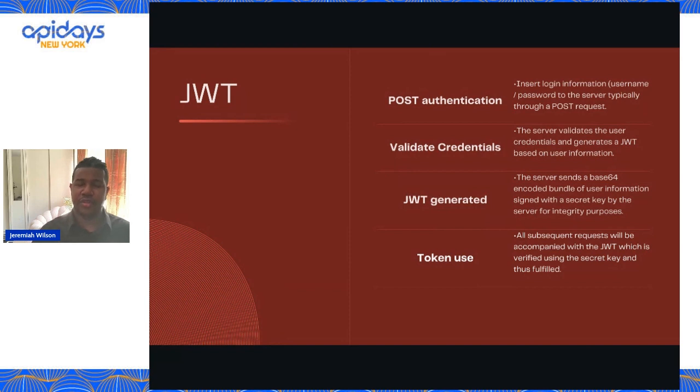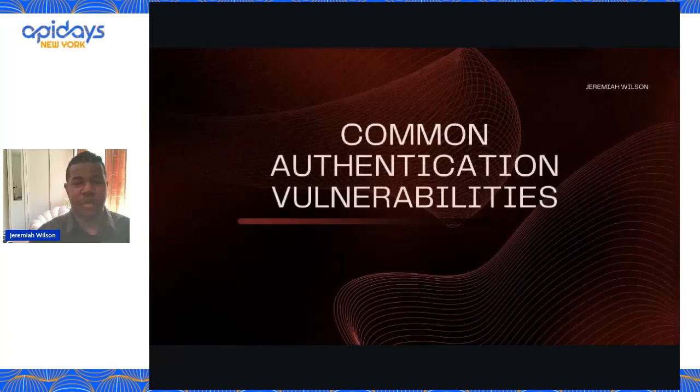The secret key is held by the server, and every time you send the JWT to the server, it validates using that secret key to make sure the JWT wasn't tampered with. With all subsequent requests, the JWT will accompany them in order to verify your authorization and authentication. Now we're going to move on to some common authentication vulnerabilities.